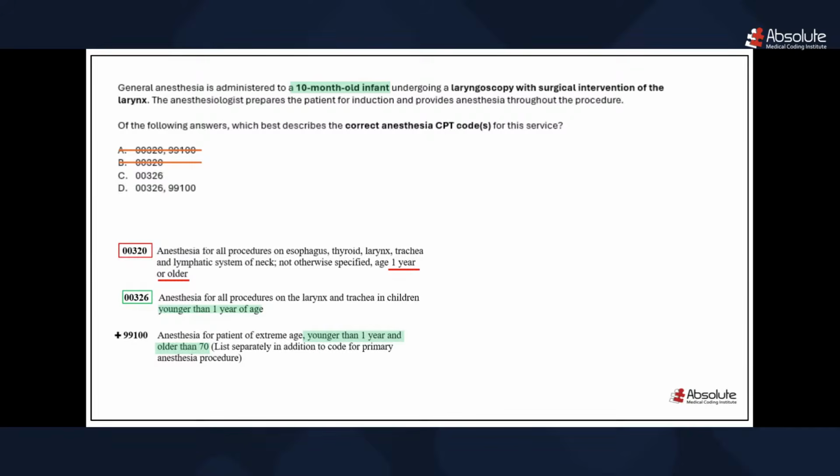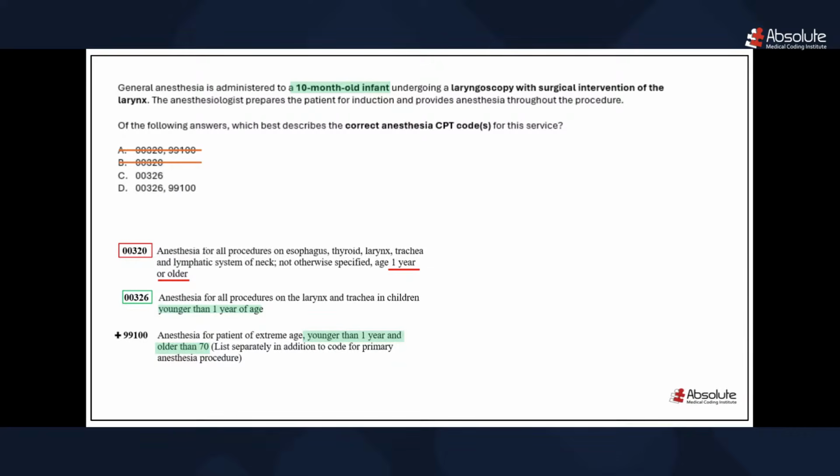The parenthetical guideline states that you should not use 99100 with 00326. And there is also another reason, logically: do you need an add-on code to say that the patient is younger than 1 year when it's already mentioned in your CPT code language? No, right? If you read the code language for 00326, it's already mentioned there.